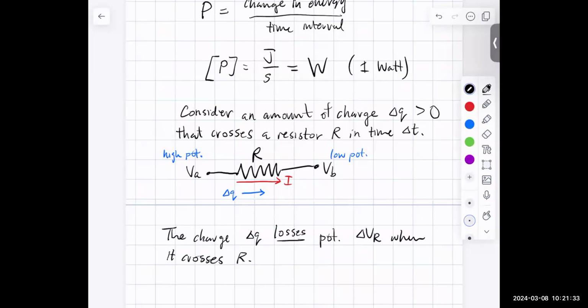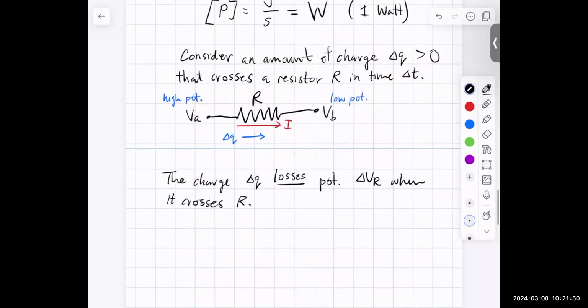And if you remember, we could calculate changes in energy by taking the charge delta Q and multiplying it by the change in potential, or the change in voltage, delta VR in this case.